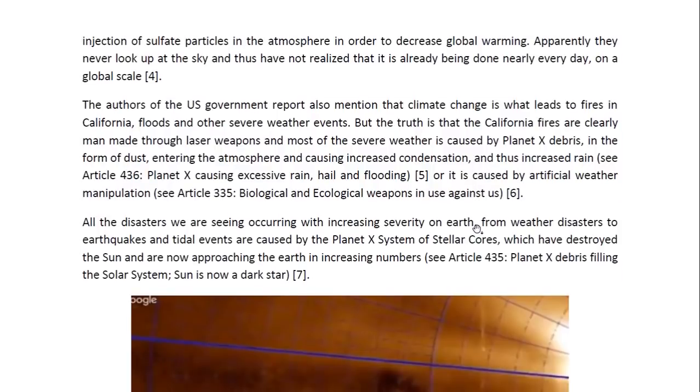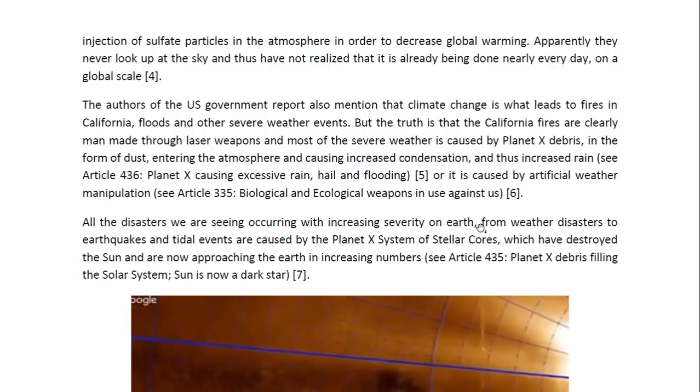The authors of the US government report also mentioned that climate change is what leads to fires in California, floods, and other severe weather events. But the truth is that the California fires are clearly man-made through laser weapons, and most of the severe weather is caused by Planet X debris in the form of dust entering the atmosphere and causing increased condensation and thus increased rain.